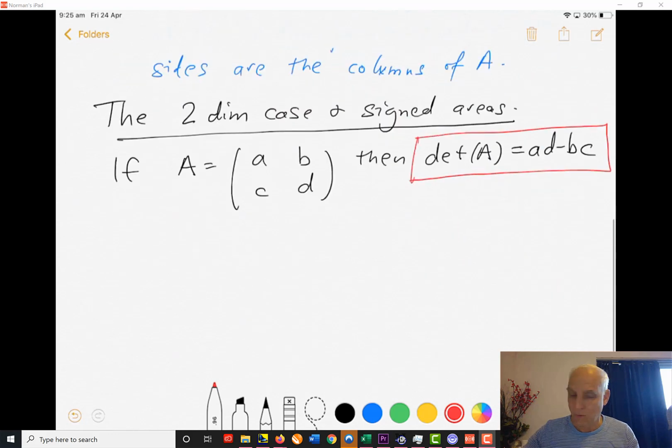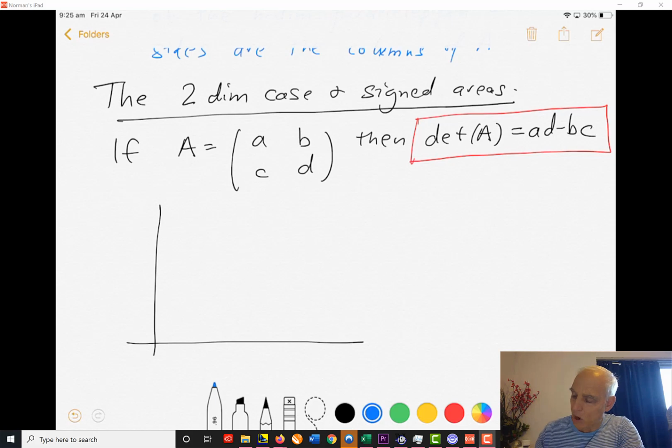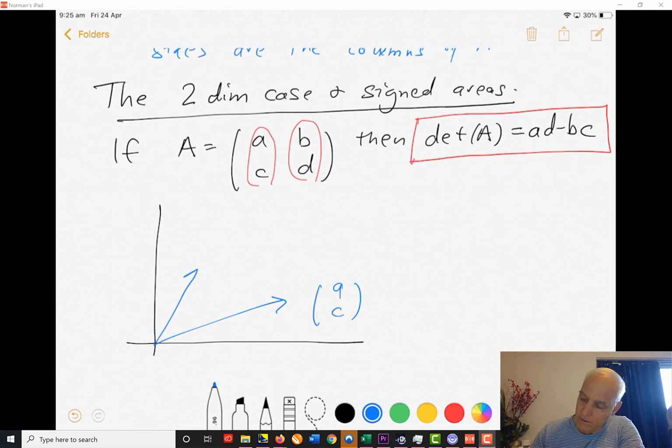But I want to explain to you why it connects with areas. So let's cook up 2 vectors, which are the columns of this matrix. So here is a vector, let's call it the vector (a, c). And here's another vector, the vector (b, d).